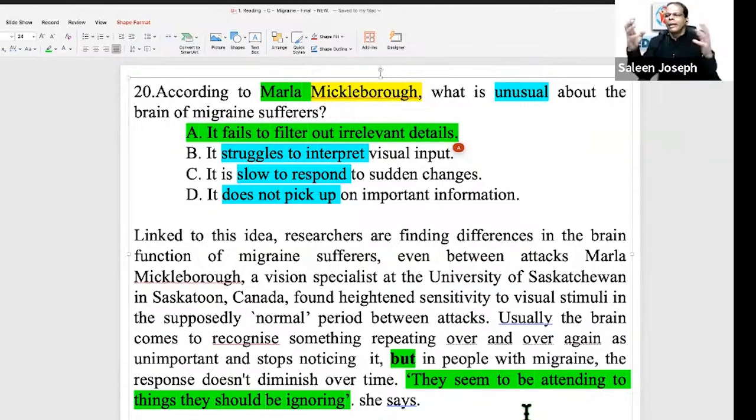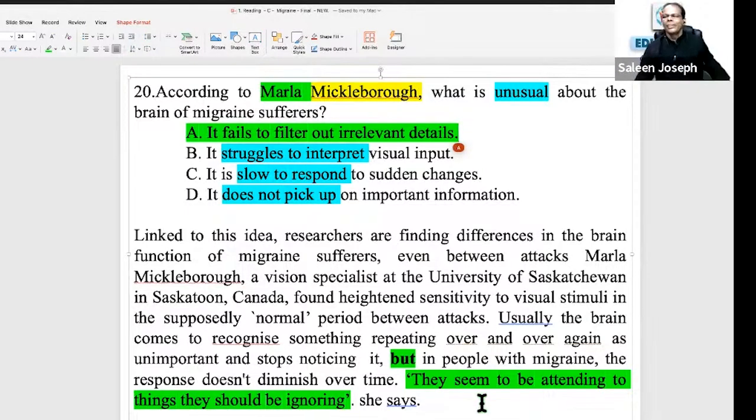When you have migraine, there is smoke in the kitchen or some other problem you never noticed until then, and now you feel so bad. You are attending to those things which you ignore every day. Or some smell, you get irritated with that perfume, but every day you used to ignore it. That was fine for you.